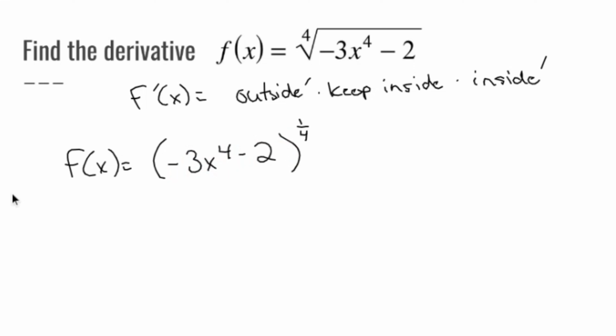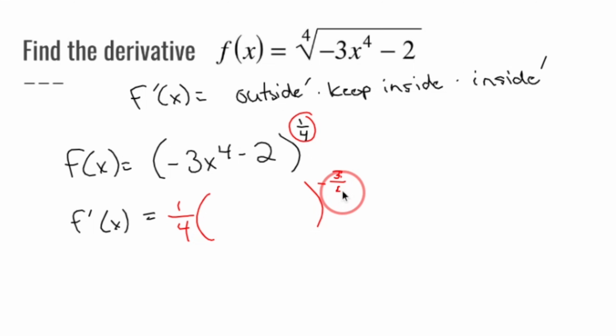Okay, so the derivative, let me get some different colors going on here. The derivative using the chain rule is take the derivative of the outside stuff. So that 1/4 is going to come down. You're pretending that this is just the to the 1/4 power. Bring down the 1/4, subtract 1 from that 1/4 gets you negative 3/4. And that's the derivative of the outside stuff.